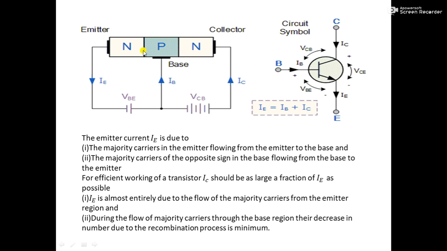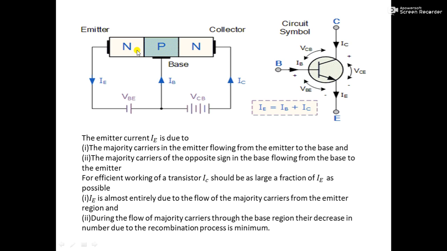Under forward bias condition of the emitter base junction, a large number of electrons cross the junction and enter the base. At the same time, a very small number of holes flow from the base to the emitter. These holes, on reaching the emitter, recombine with an equal number of electrons in the emitter.